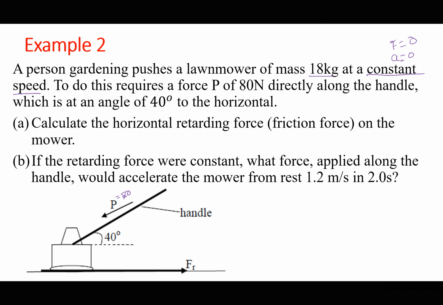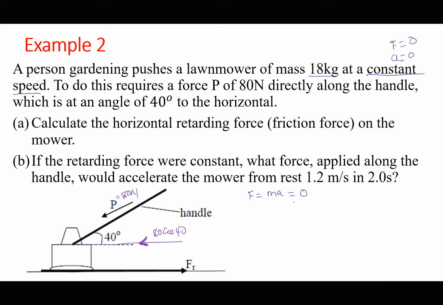So I have to resolve 80 newtons in the horizontal. This will be acting in this direction. So 80 in the horizontal is going to be 80 cos of 40. And it will point to the left-hand side. And remember, it is at a constant speed. So the resultant force, which is equal to mass times acceleration, should be equal to 0. And 80 cos 40 is acting to the left, and the frictional force is acting to the right.